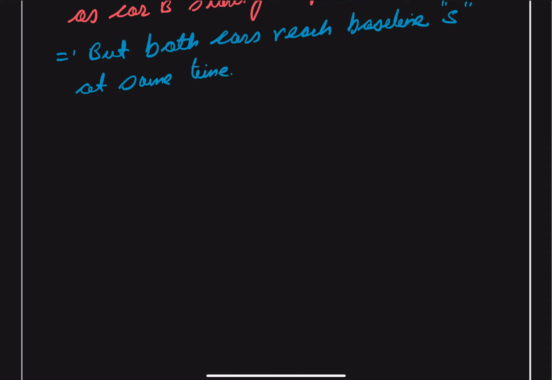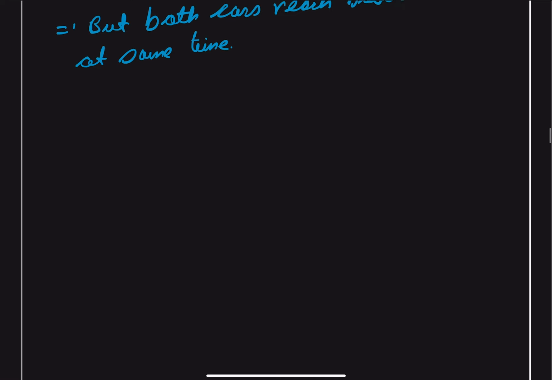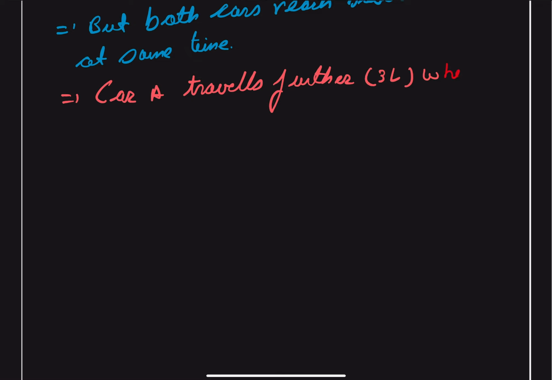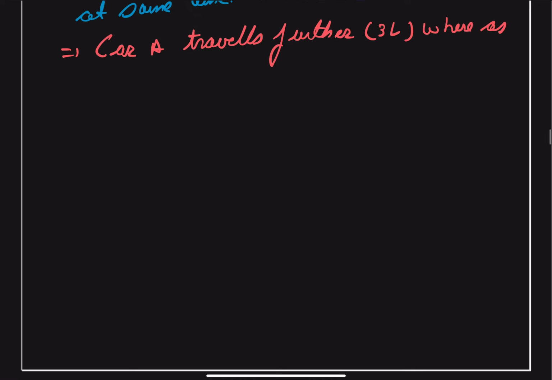So therefore we can say that car A travels further, for a longer distance as compared to car B. Car A travels further, that is 3L, whereas car B travels less, that is a distance of 2L.